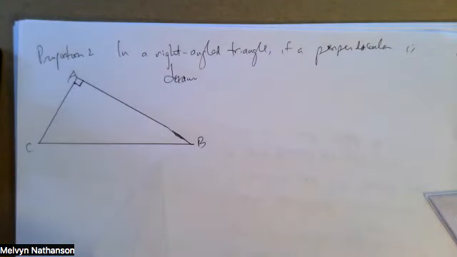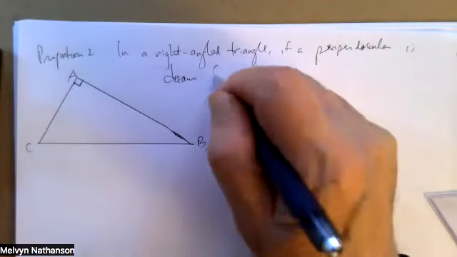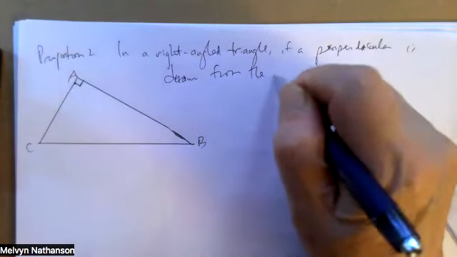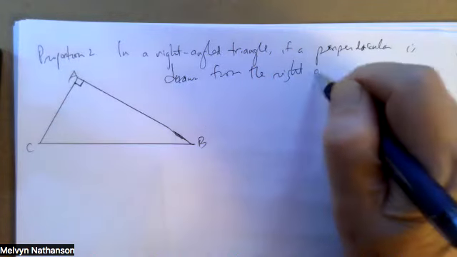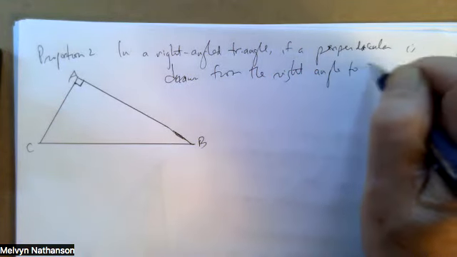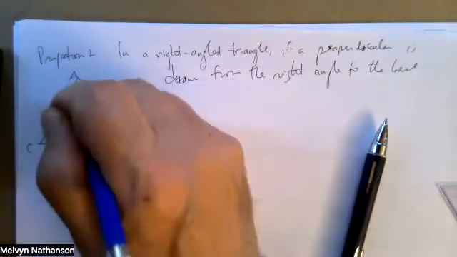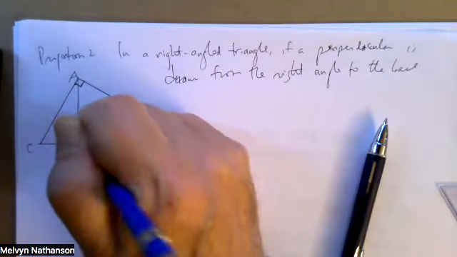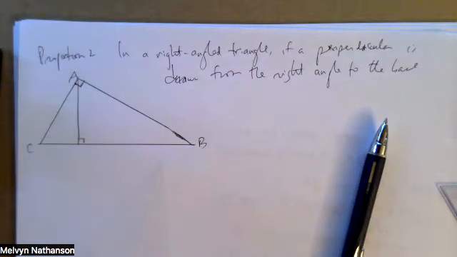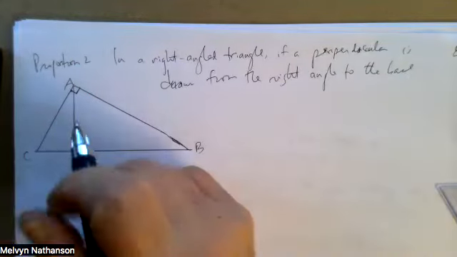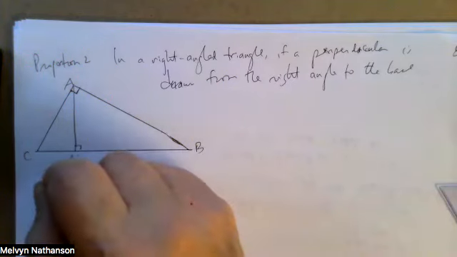In a right angle triangle, if a perpendicular is drawn from the right angle to the base, so that's the perpendicular that I'm drawing. Call that M.